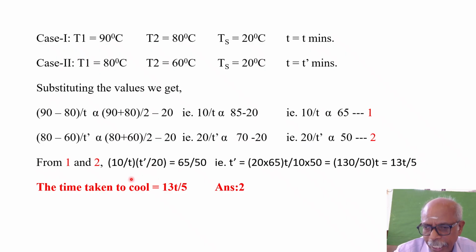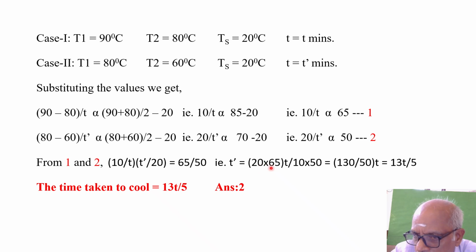So 10 by t into T dash by 20 is equal to 65 divided by 50. That's all. Okay. So you put T dash here and bring all the other things to other side. So 65 divided by 50, it is already there. This 10, when it goes to the RHS, will come in the denominator. Then this 20 will go to the numerator. So 20 into 65 into t divided by 10 into 50.